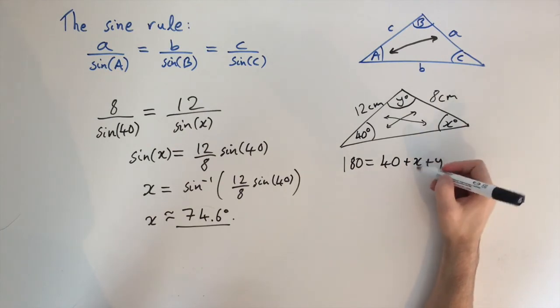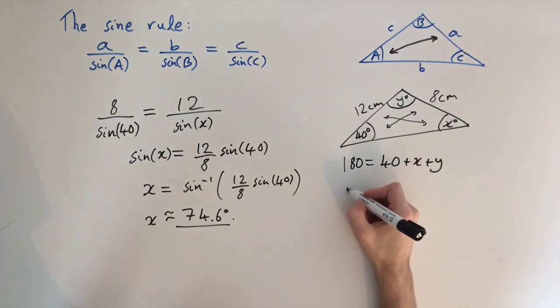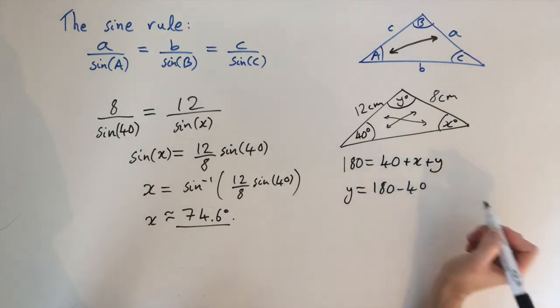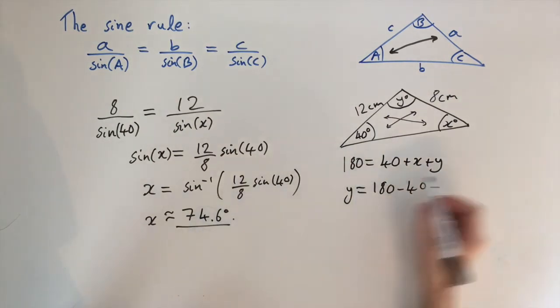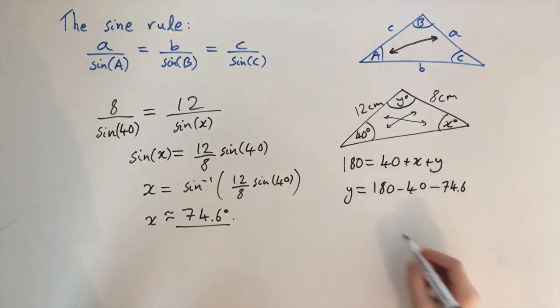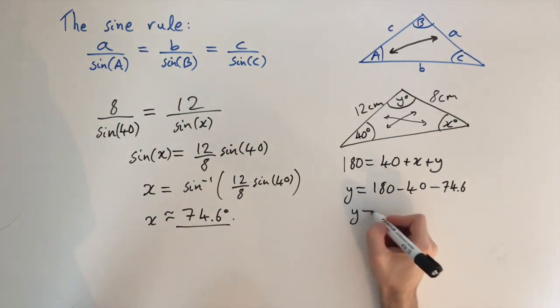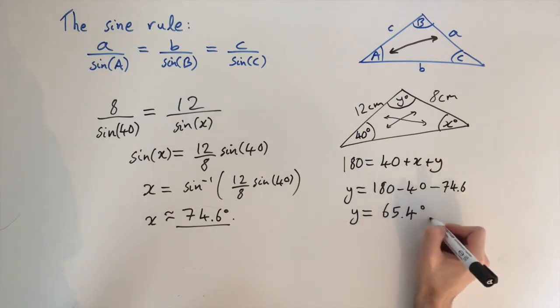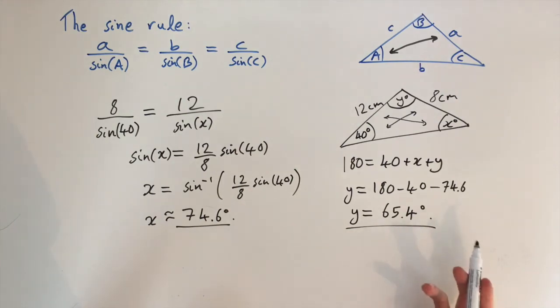And we already know what x is, so we can just rearrange for y. So y equals 180 minus 40 minus x. I'm just going to substitute this in, so minus 74.6 roughly. And if you do this calculation, this is going to give us the angle y equals 65.4 degrees. And there you have it. That's an example of using the sine rule to find missing angles and missing lengths.